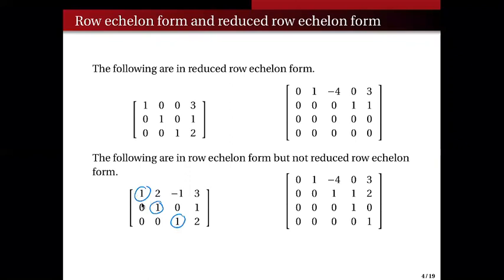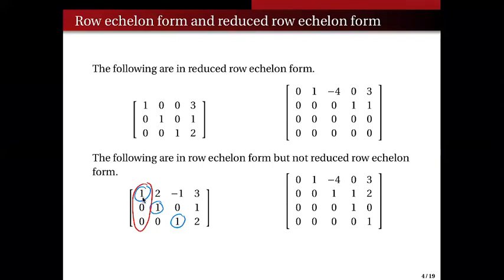If we look at the first and the second row, the leading one on the second row is to the right of the leading one of the first row. If we look at the third row and the second row, the leading one of the third row is to the right of the leading one of the second row. So the first three conditions are satisfied. But the fourth condition, well, if we look at this column, this is a leading one.